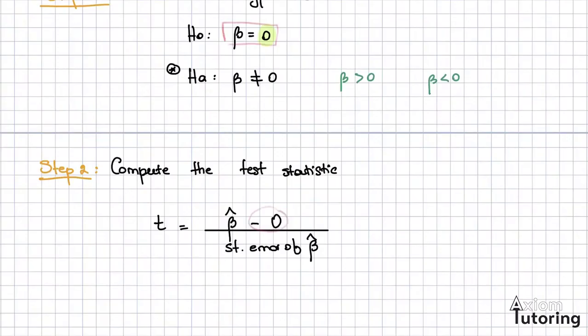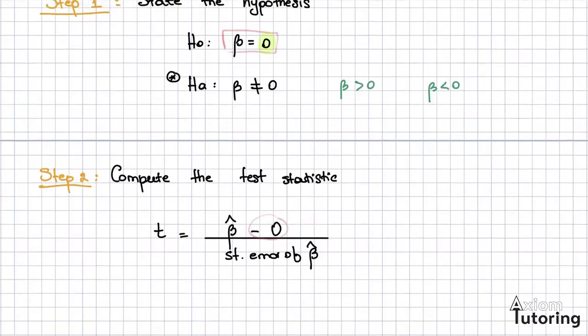So if you see that, this is what is going on behind the scenes. Otherwise, the full formula is beta hat, what you estimate, minus whatever is stated in the null hypothesis, which means that if your null hypothesis was beta equal to some constant c, then this 0 needs to be substituted with c, okay?